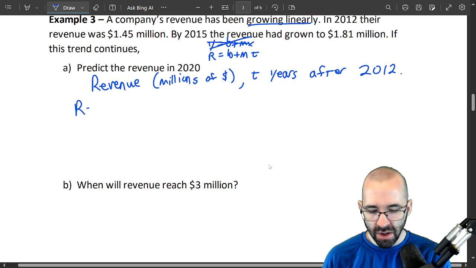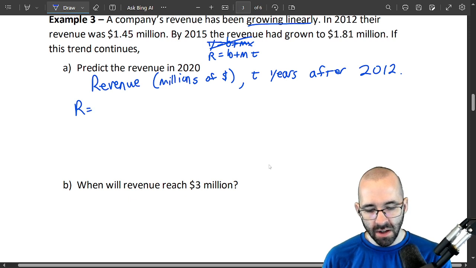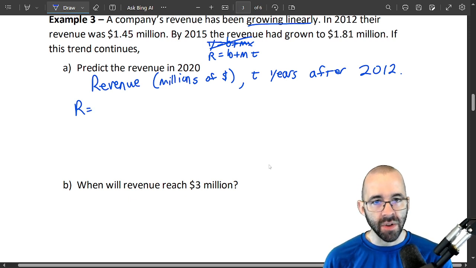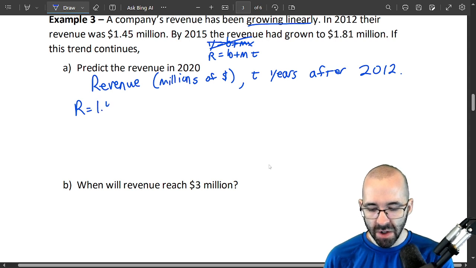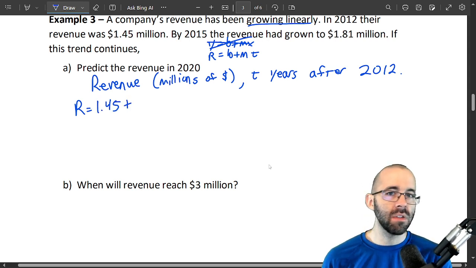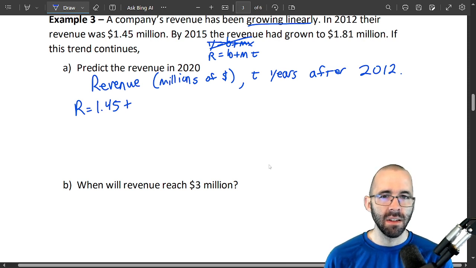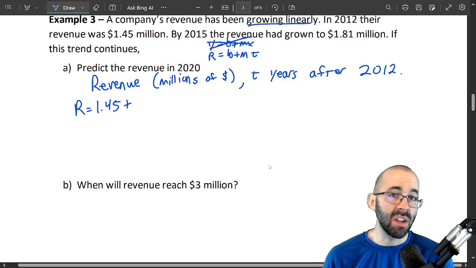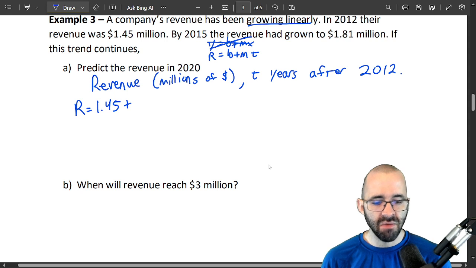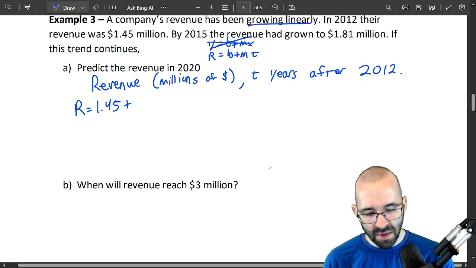We know that the revenue, we know our B value. The starting value in 2012 was 1.45 million. But we don't know the slope. We know in 3 years it's changed by $0.36 million. We could use that to find the slope, but let's find it in a different way.